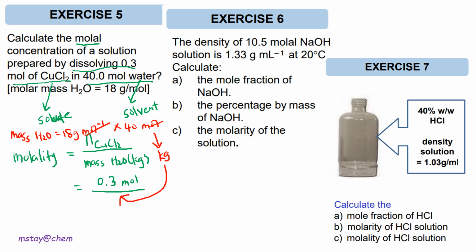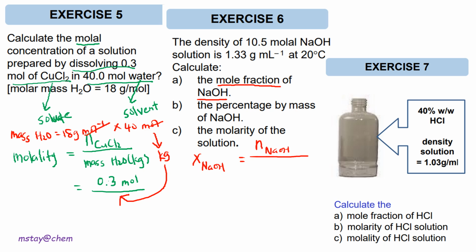Now let's proceed to exercise 6. Check whether we need to make an assumption or not. First, the question asks us to determine the mole fraction. What is the formula for the mole fraction of NaOH? Mole fraction of NaOH is equal to mole of NaOH over the total number of moles.